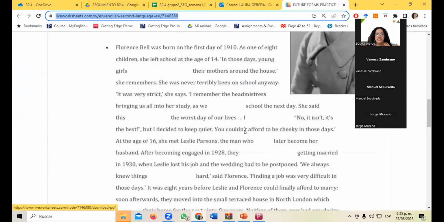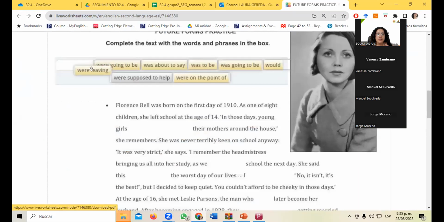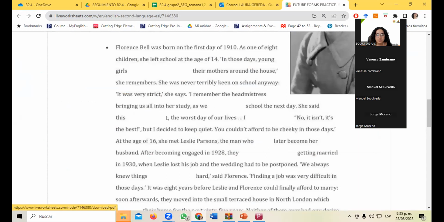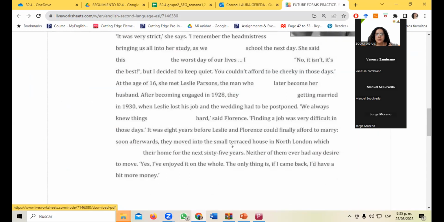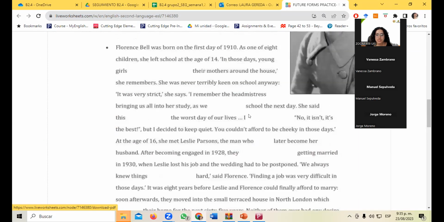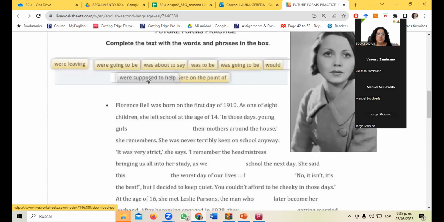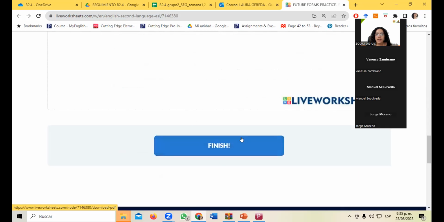You have to read the text and drag the words to complete the sentences. Where you see the blank spaces, you need to put a word or a phrase. When you finish, you click here to check your answers.